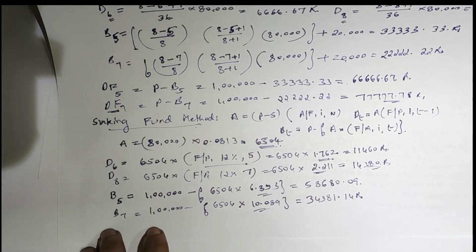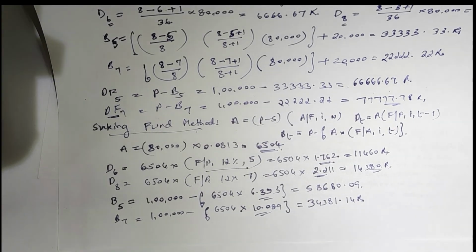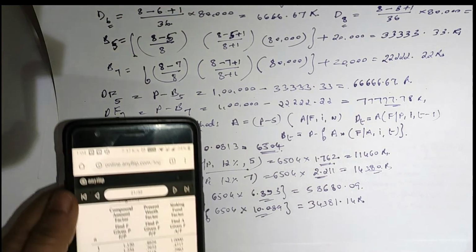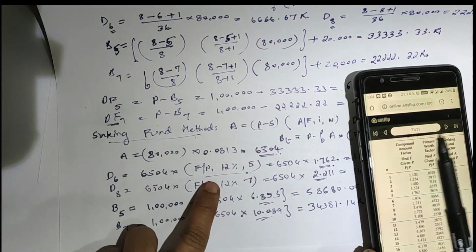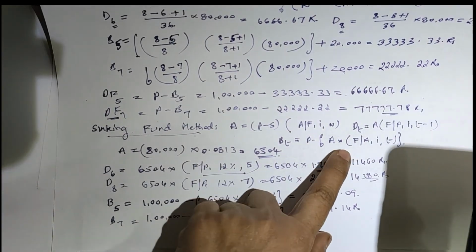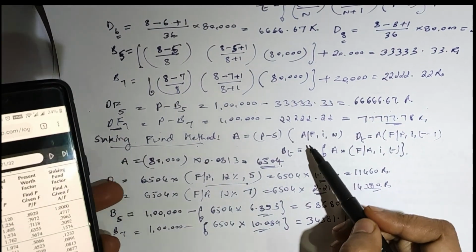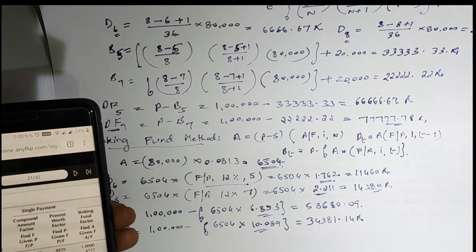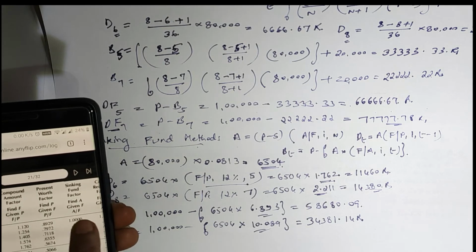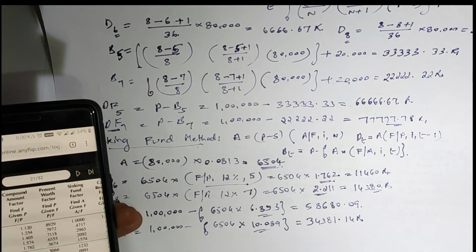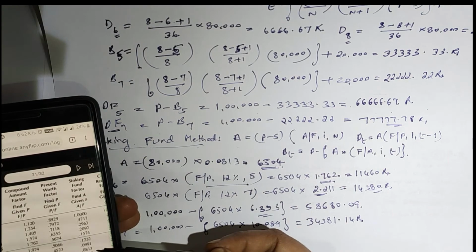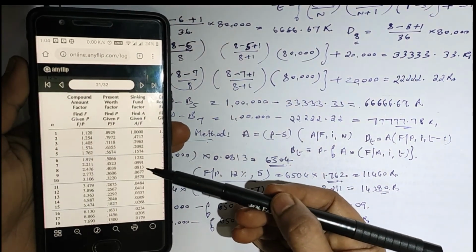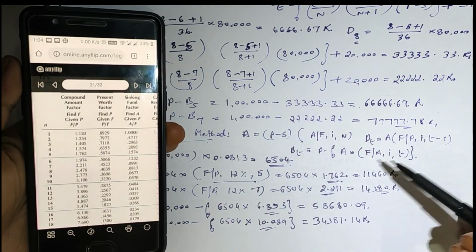So once again, I'll just show it. To calculate A given FIN, I is 12%, N is 8, so we have 0.0813, which I have picked here.